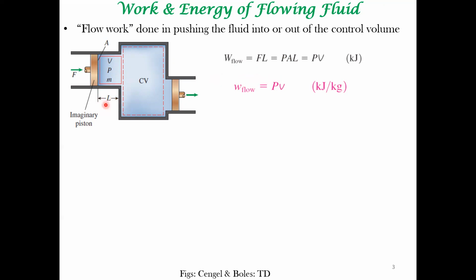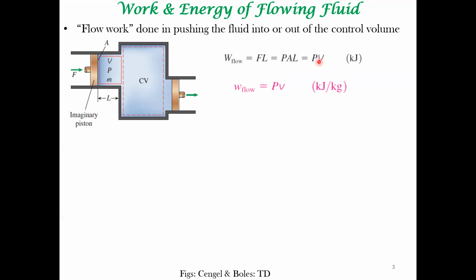This distance can be correlated, if you're thinking per unit time, to the velocity of the fluid at this cross-section times that unit of time. That would give you the length scale. Putting all these things together gives us flow work.